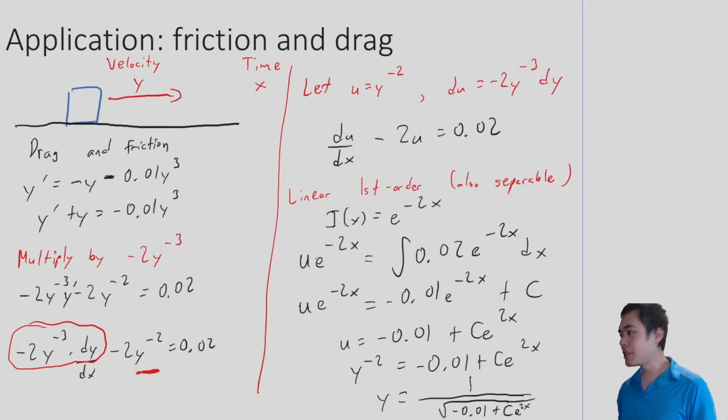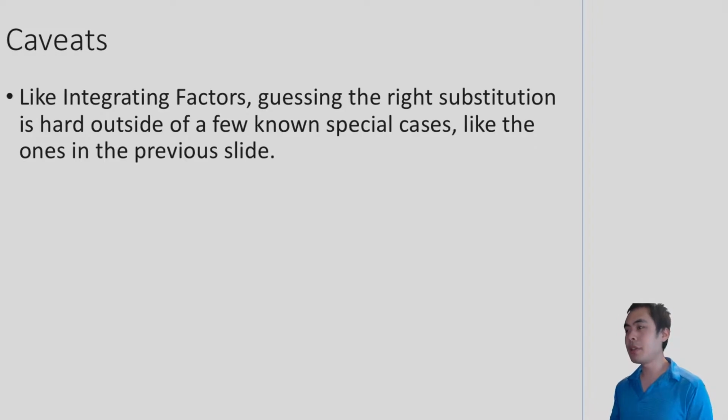Okay, so having said that, these are a couple of examples. There are a couple of caveats. The first one we've already discussed, which is, like integrating factors, guessing the right substitution is really hard outside of a very few known cases, like the ones on the previous slide. In MATA35, I will always give you either the appropriate substitution or provide you with the information on the common substitution slide.